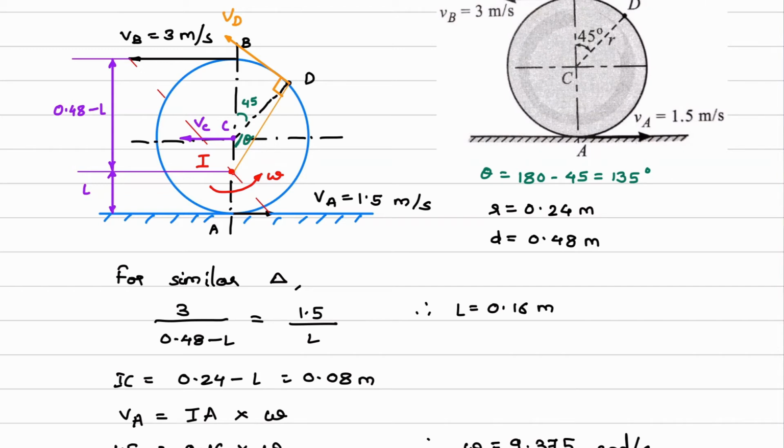I have to calculate ID. So ID is equal to under root of IC square plus CD square minus 2 IC into CD into cos of this theta. So I'll write down the cosine rule.